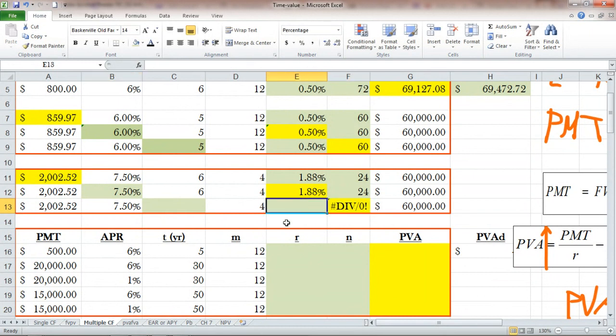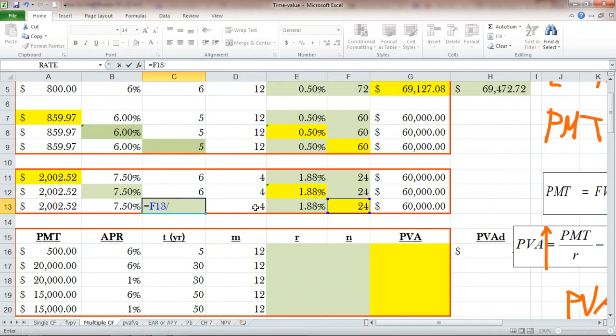It's not going to give you any result, but once we have the periodic rate, which is APR divided by N, we got that. 24 quarters. The problem would normally ask, how many years will it take? So 24 quarters divided by 4 should give you 6 years, right?